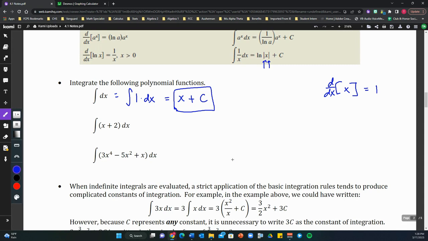All right, now the next one. This is a sum of terms. If we follow the rules to the letter, then I can break this apart and write it as the integral of x dx plus the integral of 2 dx. You're not going to do this every time. I'm not even going to do it on the next problem because it doesn't need to be done that way. But this is just to demonstrate that we can integrate, or find the antiderivative of, each individual term, just like we would find the derivative of each individual term.